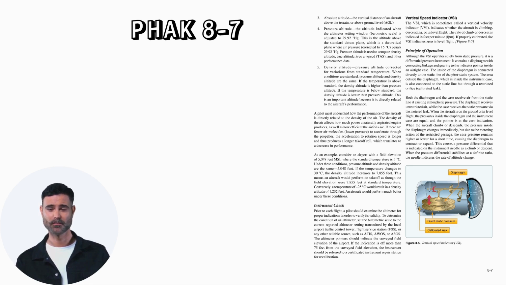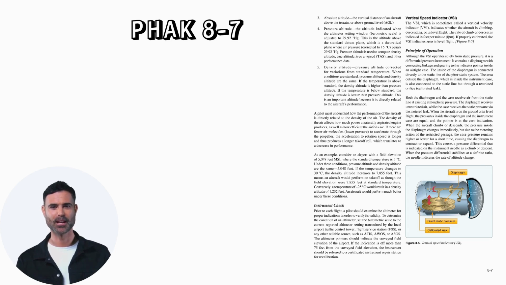Principle of operation. Although the VSI operates solely from static pressure, it is a differential pressure instrument. It contains a diaphragm with connecting linkage and gearing to the indicator pointer inside an airtight case. The inside of the diaphragm is connected directly to the static line of the pitot-static system.